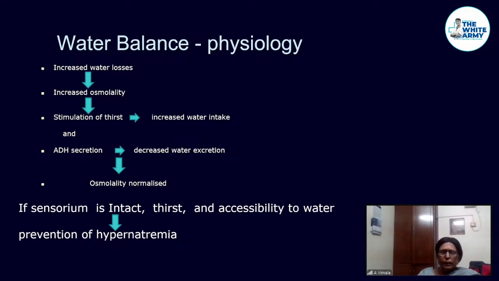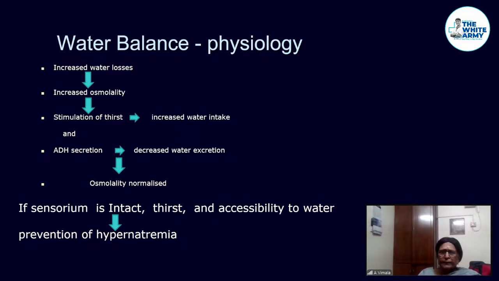So what is the physiological mechanism? The physiological mechanism is increased thirst. So patients, if they have access to water, take a lot of water. The hypothalamus and the pituitary axis sense this, and ADH is secreted. So there is decreased water excretion.